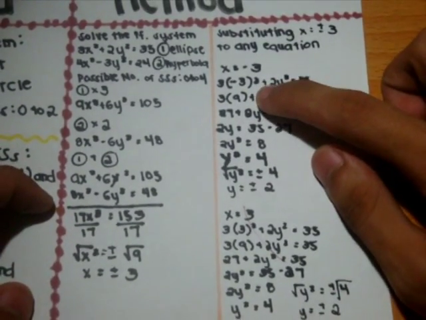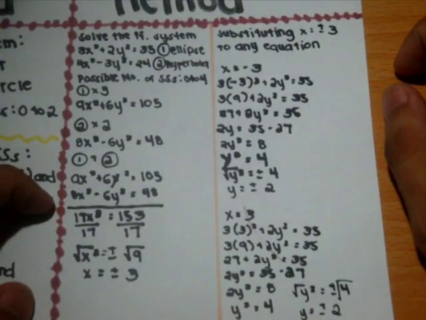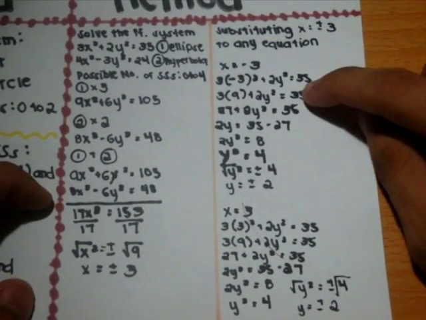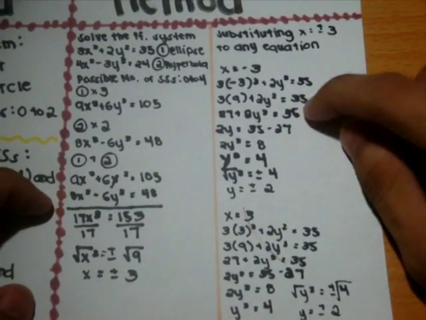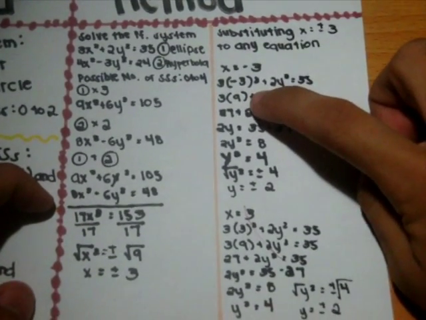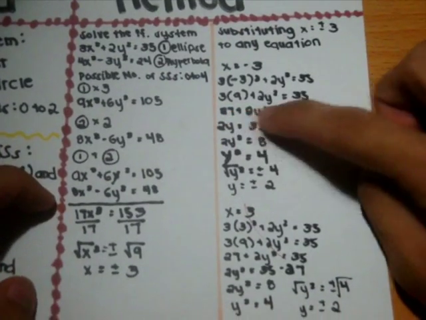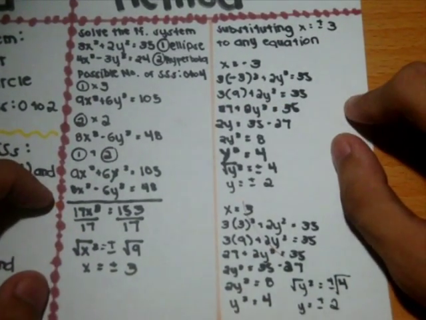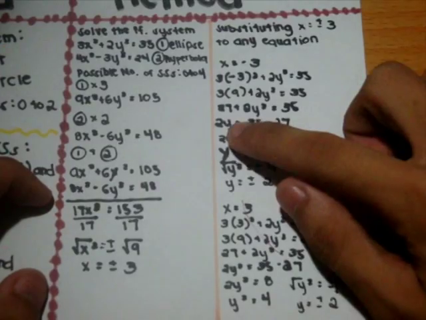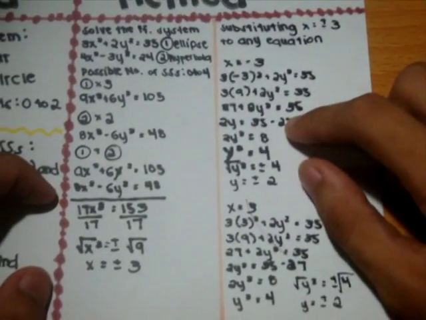We arrive at 3 times the quantity of negative 3 squared plus 2y squared is equal to 35. And then simplifying the square in the parentheses, we have 3 times 9 plus 2y squared is equal to 35. And then simplifying again, 27 plus 2y squared is equal to 35.